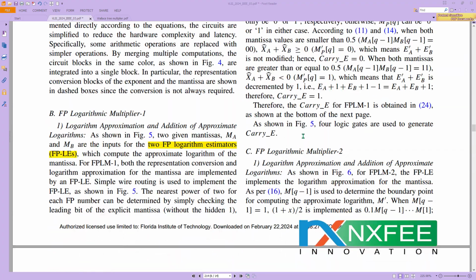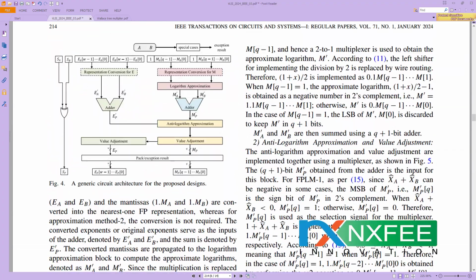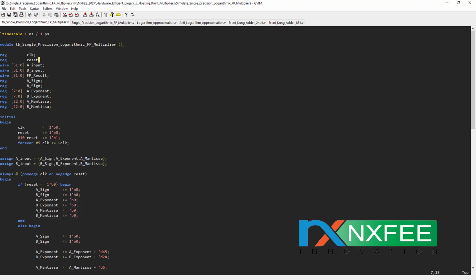The first architecture is the generic method. This is the Verilog HDL code. Here the test bench is included, along with the single precision architecture, logarithmic, anti-logarithmic, Bohm adder and Bohm 8-bit adder modules. In the proposed method we use the Bohm parallel prefix adder instead of the conventional parallel prefix adder to reduce the logic size and increase the speed of the hardware architecture.